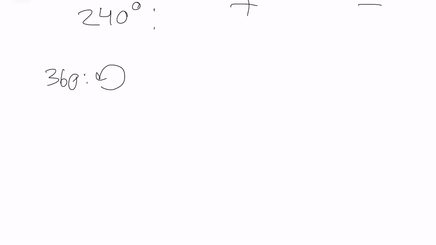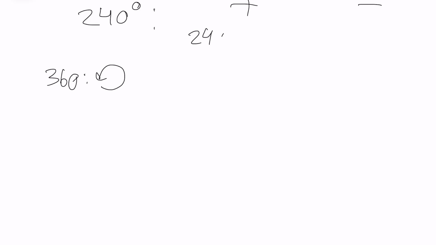Let's get some practice in. So let's say I give you the angle 240 degrees. And I tell you, find me a positive and negative coterminal angle. So since one full rotation is 360 degrees, we are going to add and subtract 360 degrees.